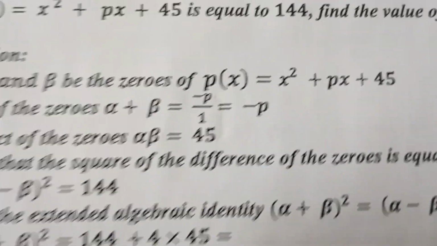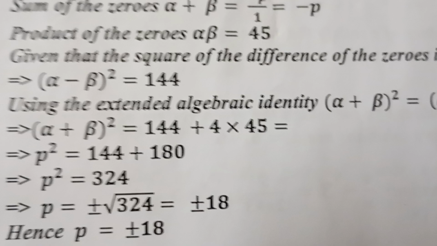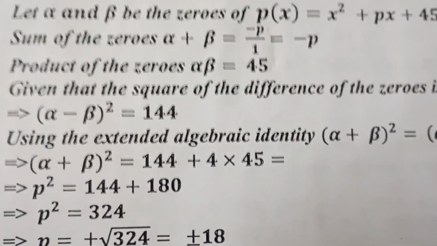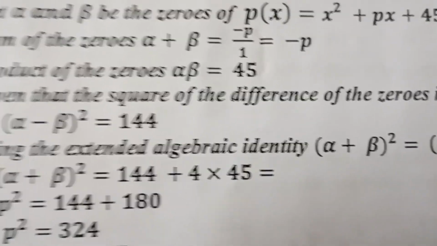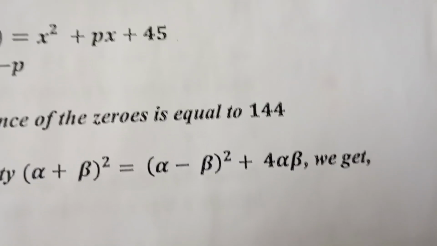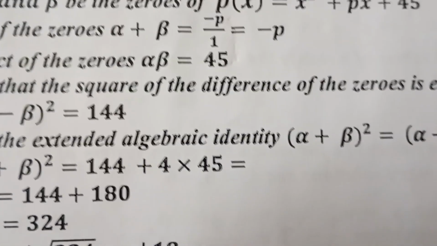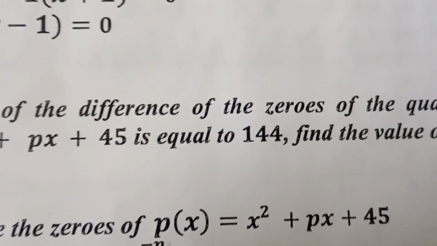So alpha plus beta the whole squared, alpha plus beta is equal to minus p, and hence minus p the whole squared is p squared. On the left hand side, it is equal to alpha minus beta the whole squared plus 4 alpha beta. So alpha minus beta the whole squared is already given in the question itself. It is equal to 144.